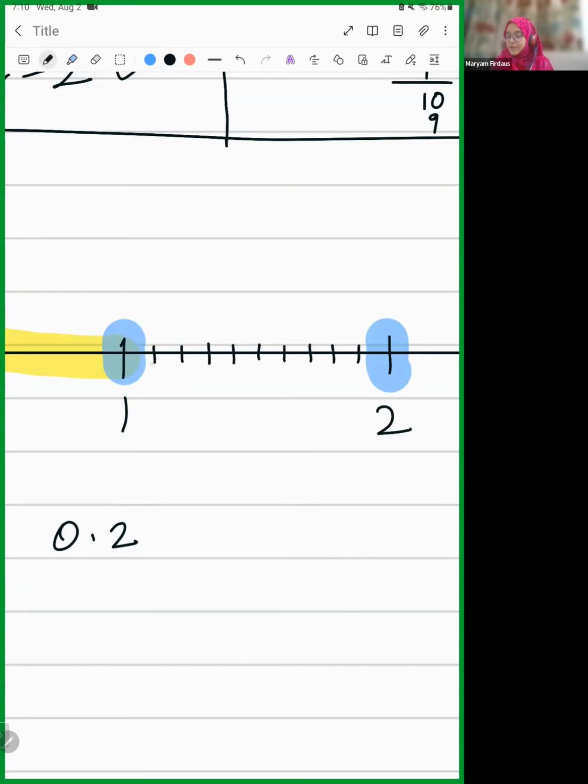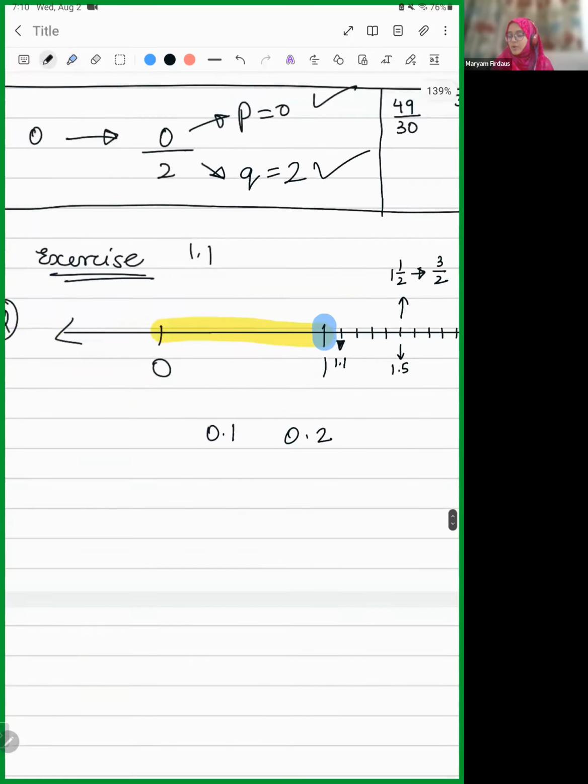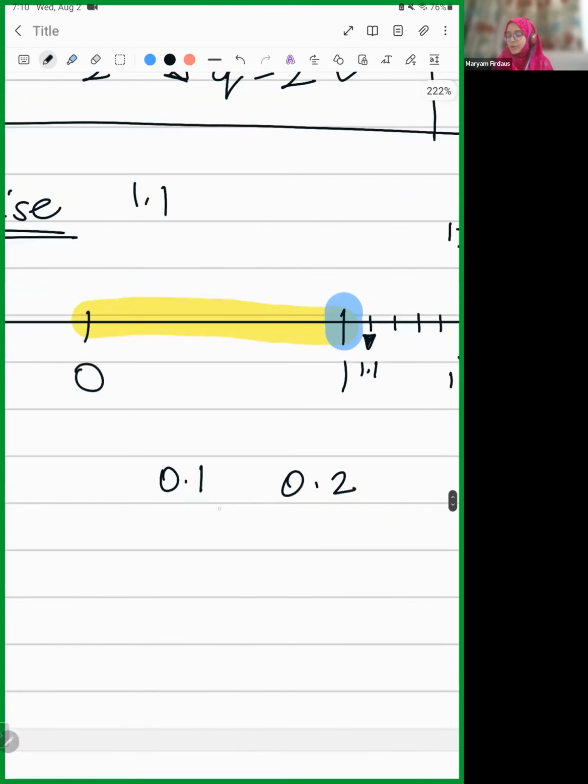And the first part is 1.1. Okay. This is 1.5. In other words, 1.5, or this can be written as 3 by 2. Okay. So between 0 and 1, 0.1, 0.2, very good.